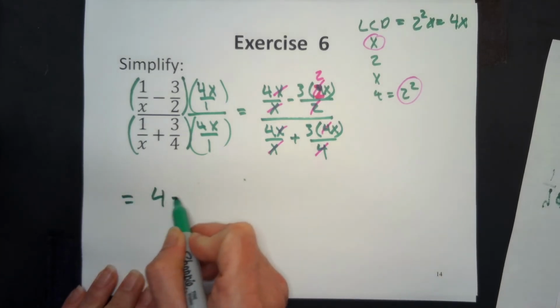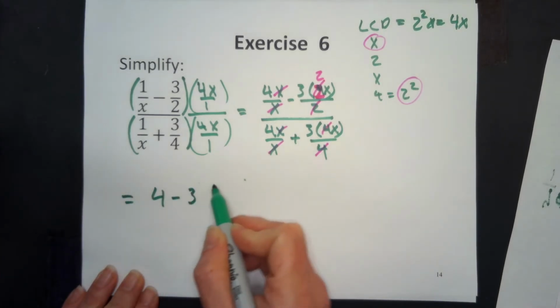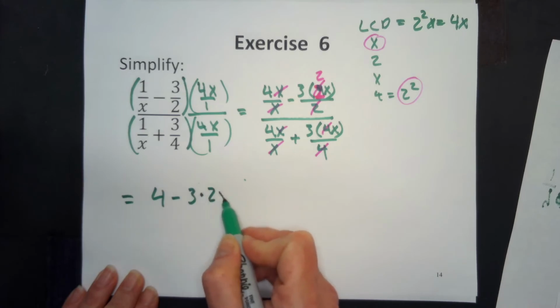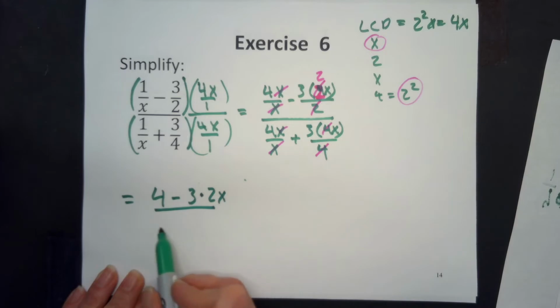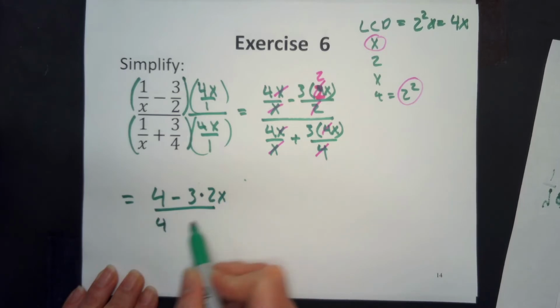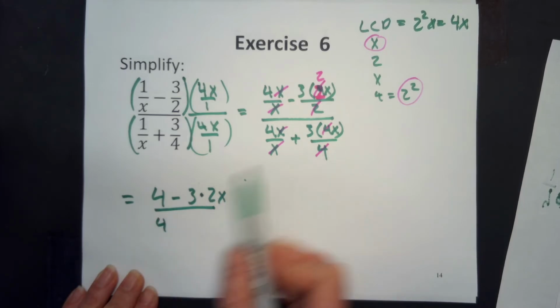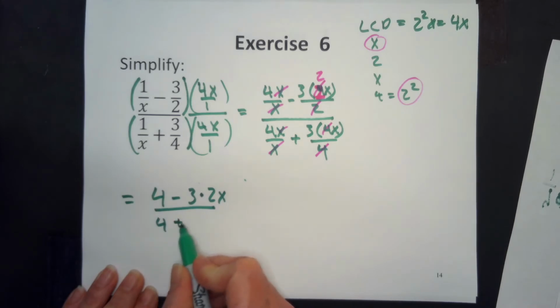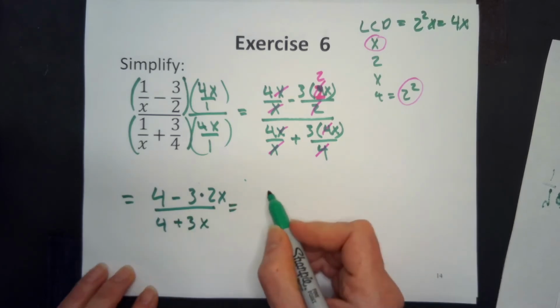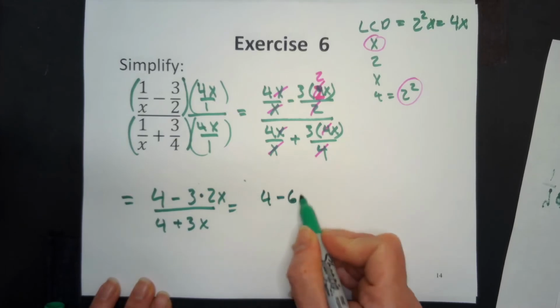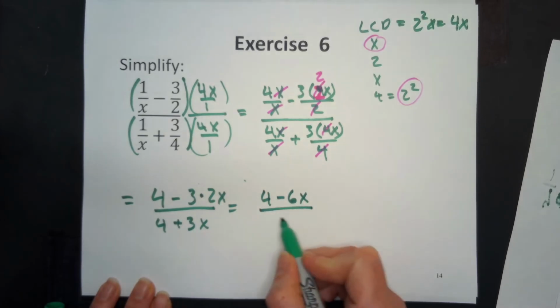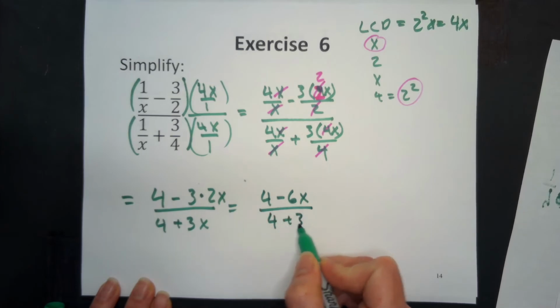I'm going to have 4 minus 3 times 2x, divided by, because I got rid of all the denominators in the numerator, 4, and my 4s cancel, so I'm just going to have plus 3x. That gives me 4 minus 6x all over 4 plus 3x.